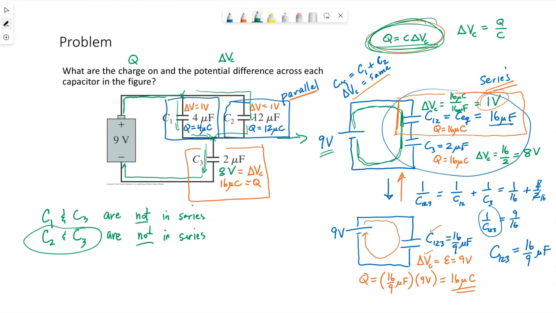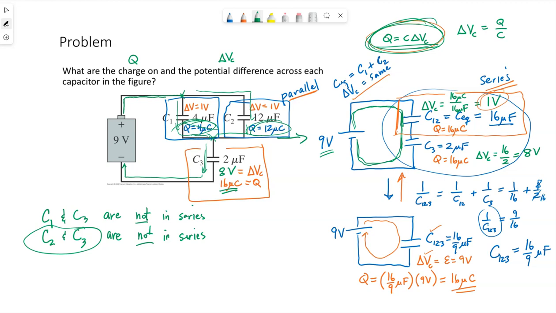When we think about charge and the fact that electrons are moving around trying to get to an equilibrium, here they've combined together on this 2 microfarad capacitor to be 16. Notice 4 microcoulombs plus 12 is our 16. This represents the conservation of charge. Whatever charge was flowing keeps flowing until that equilibrium is reached.